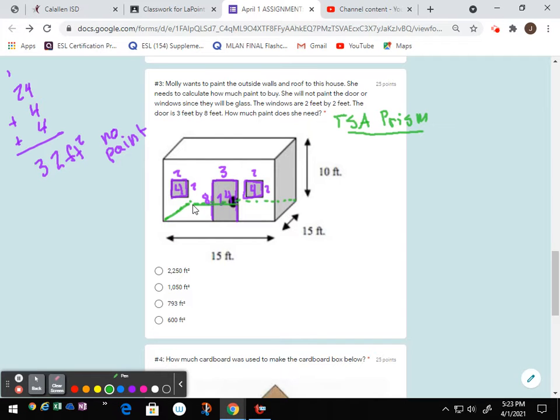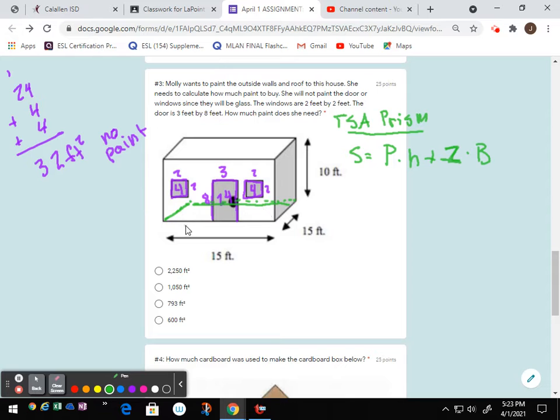We have two bases, so here's our total surface area formula: P times H plus 2 times big B. Again, here we have two bases, but we're not painting this base. We're only painting one of the bases, so we can change this 2 into a 1. So we have P times H plus 1 base, all right?